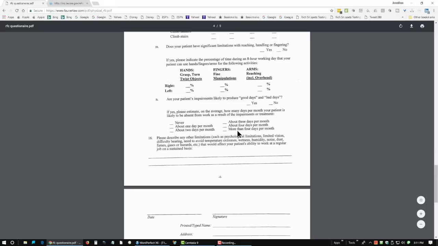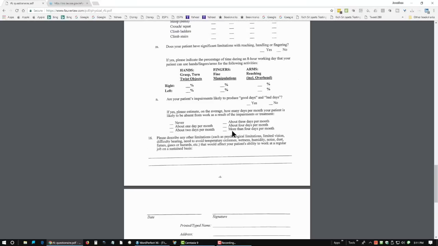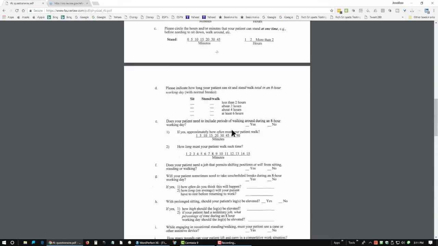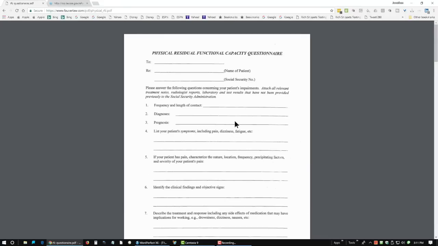Well, again, if you're going to be out 4 days and the judge goes with it, you're going to win. So this form, even though it's imperfect, is actually a pretty good form that would really help you explain to the judge, or help the judge understand the specific work capacity limitations that you have, and that would again allow you to argue that you meet the definition of disability and you do not have the capacity for even a simple entry-level type of work.